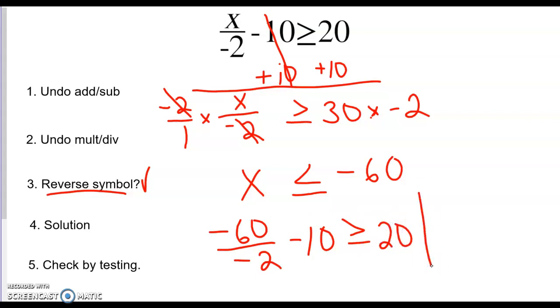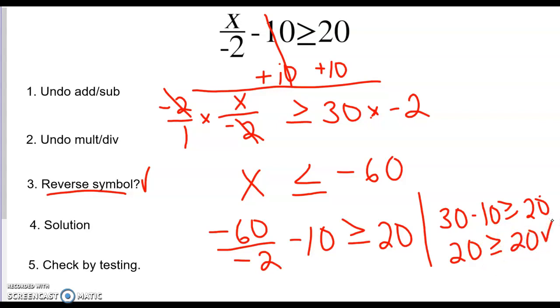Negative 60 divided by negative 2 is positive 30. Minus 10 should be greater than or equal to 20. Well, 30 minus 10 is 20. And 20 is equal to 20. So that works. Okay, a little tricky, right?